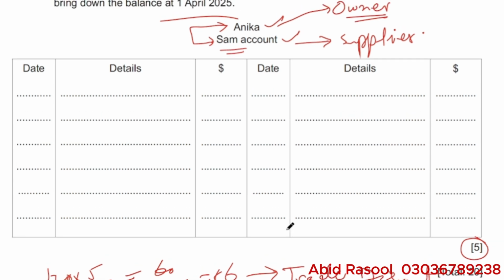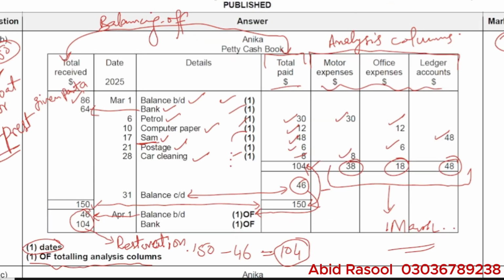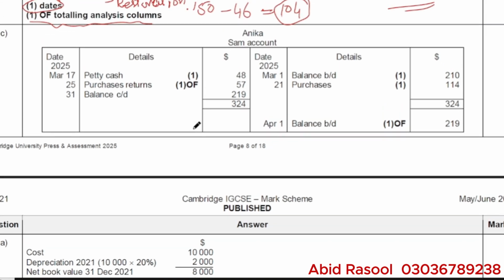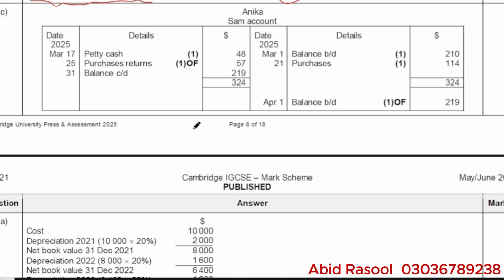We see how these transactions go, and which transaction will go on the debit side and which on the credit side. Let's see the account of Sam. Here students, first of all, I will number the transactions to show which comes first.